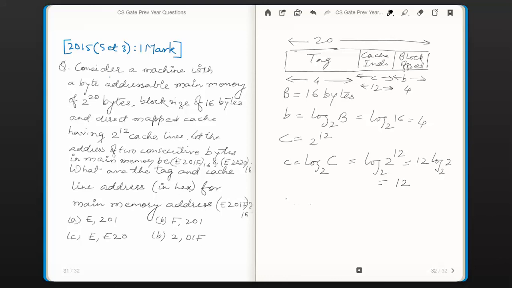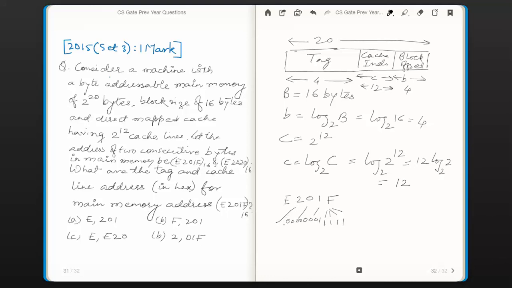The address is given in hexadecimal, and each hexadecimal digit converts to 4 binary bits. So F would be converted to 1111, then 1 would be converted to 0001. Like that, every hexadecimal digit is converted to a quadruplet of binary bits.